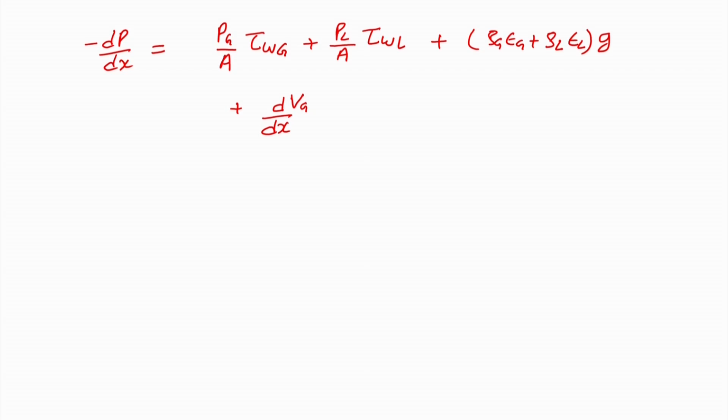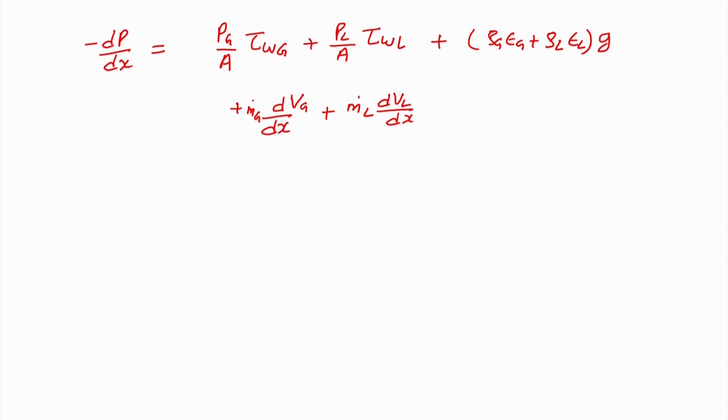So, we write it in terms of m dot of gas into dVg upon dx plus m dot of liquid into dVl upon dx. So, you can write what is the mass flow rate of the gas coming inside, and what is the mass flow rate of liquid coming inside, in terms of VL.